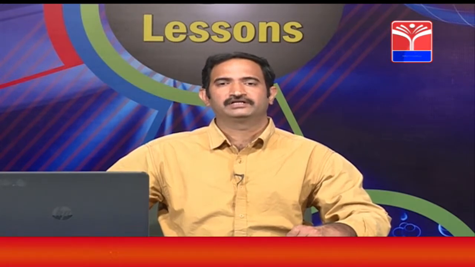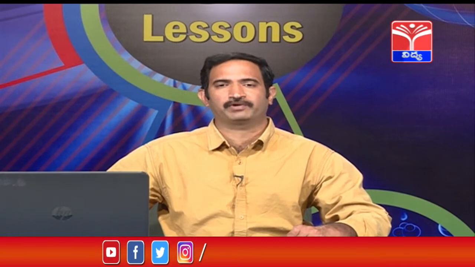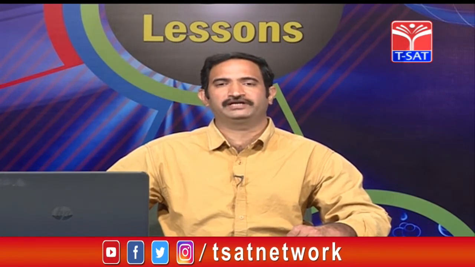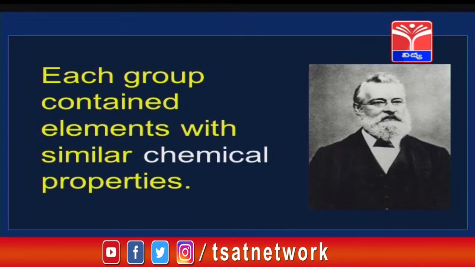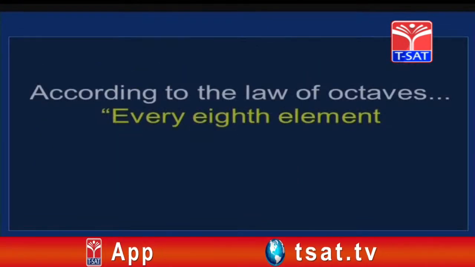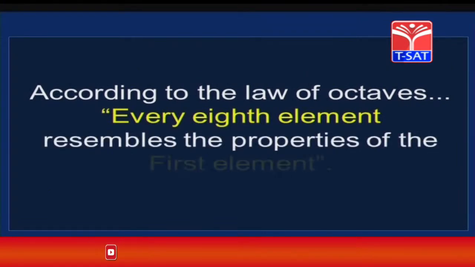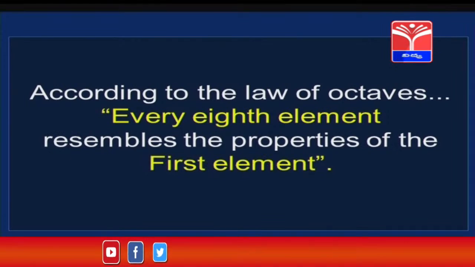That means the 8th element has the same chemical and physical properties as the first element. Each group contained elements with similar chemical properties. According to the law of octaves, every 8th element resembles the properties of the first element.